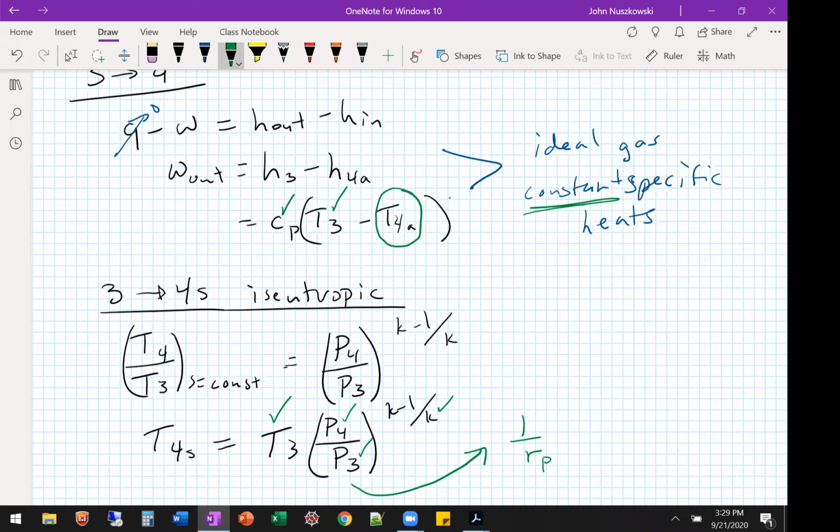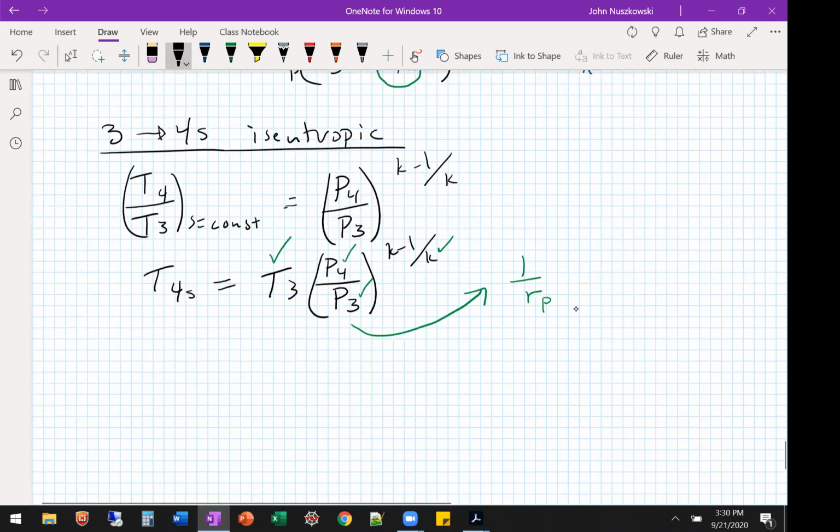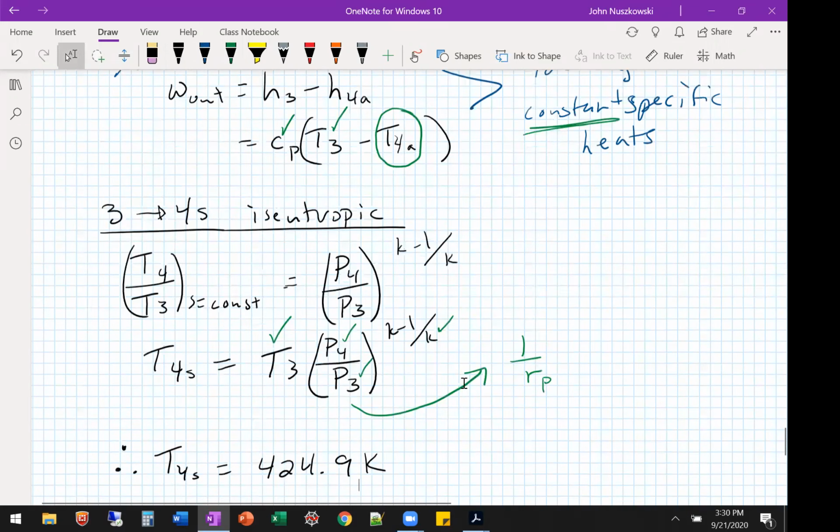So we can solve. We get T4s is 424.9 Kelvin. All right, so that gets us T4s. We're still looking for the T4 actual. So how can we go from T4s and get our T4 actual?